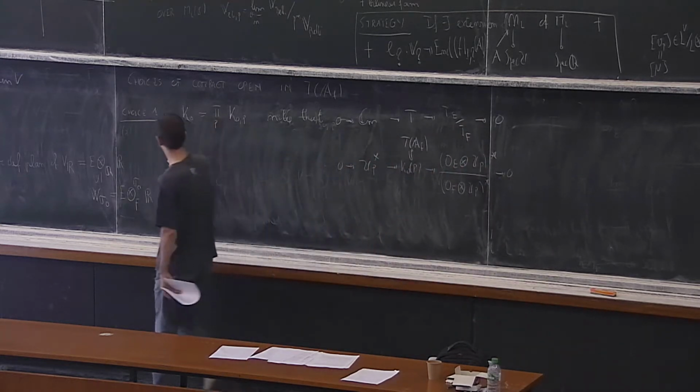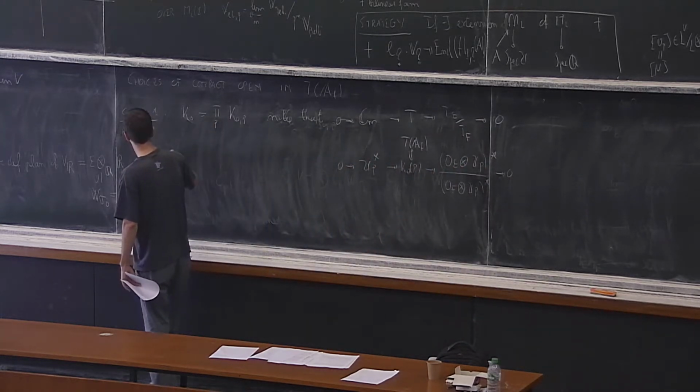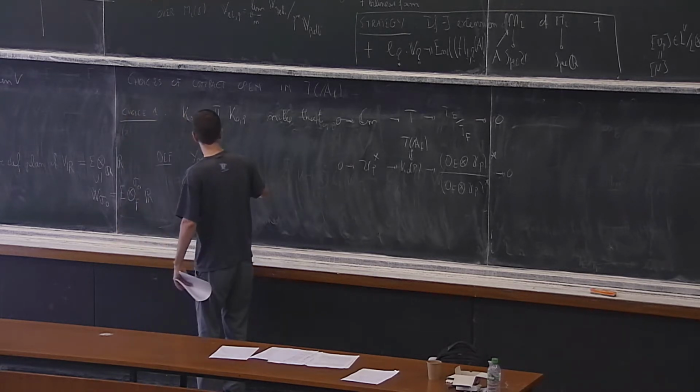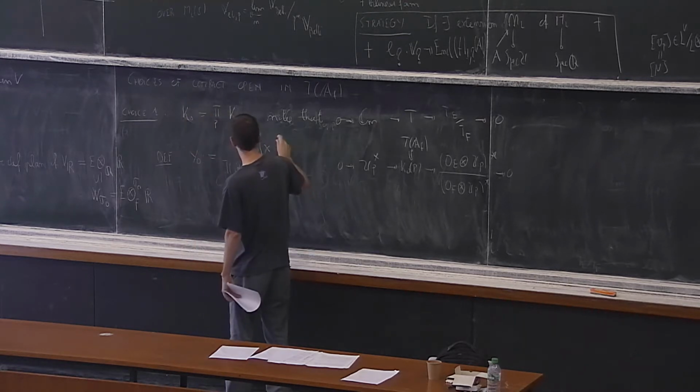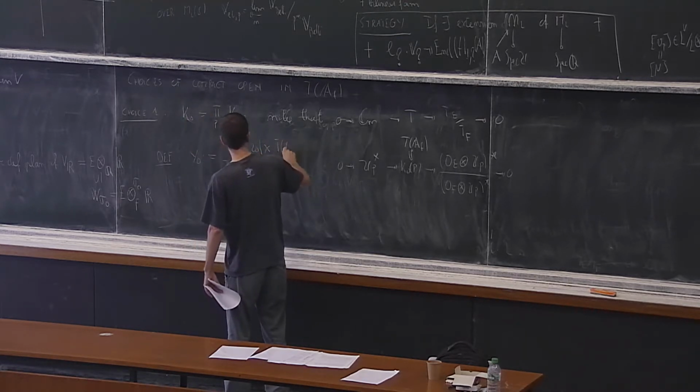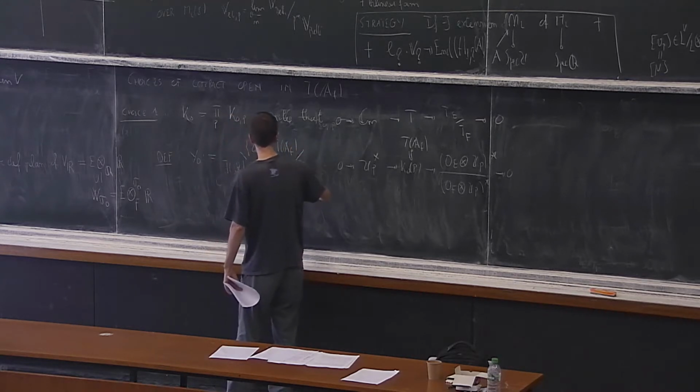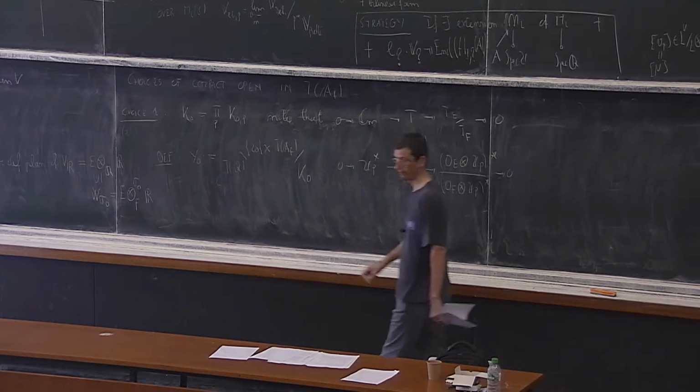And then I define Y0 to be simply T(Q) modulo my symmetric space times T(A_F) modulo K0.